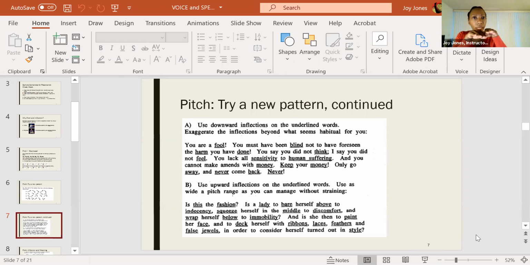Pitch and resonance are siblings, not twins, so they're related. When you do an upward inflection, especially depending on where you start, you may feel it in your head. If you do a downward inflection, you'll feel it more in your chest because you tend to be using a deeper part of your voice. So yes, definitely. I love that you all are braiding the information together.